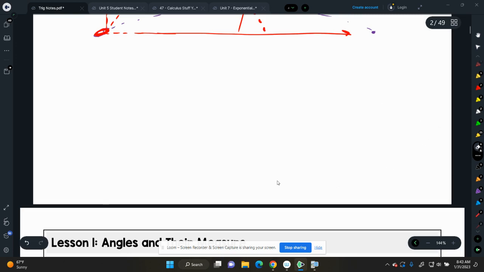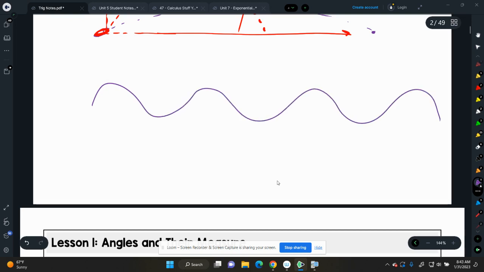Another place that we see trigonometry is what we call sinusoidal waves. Where do you see waves like that? In the medical field.